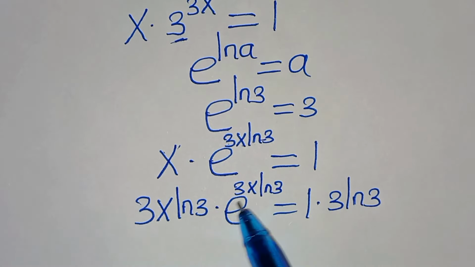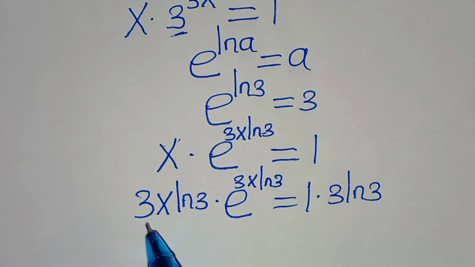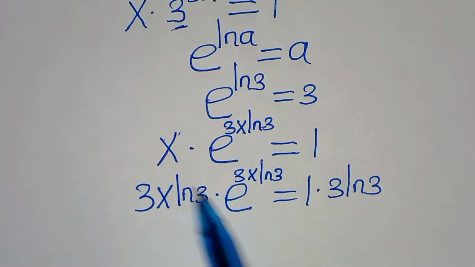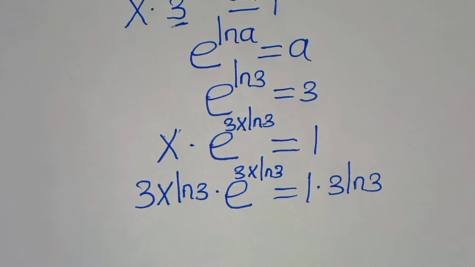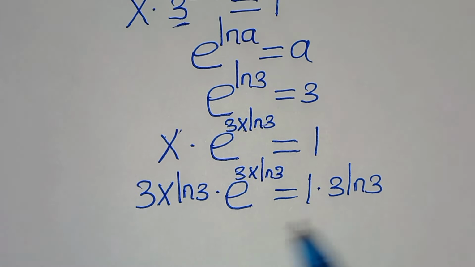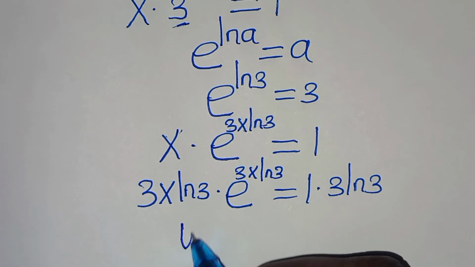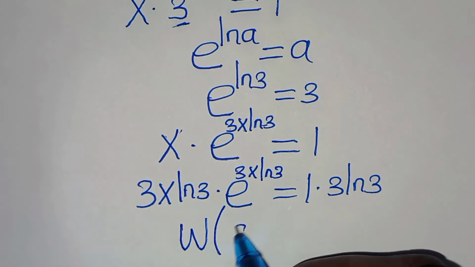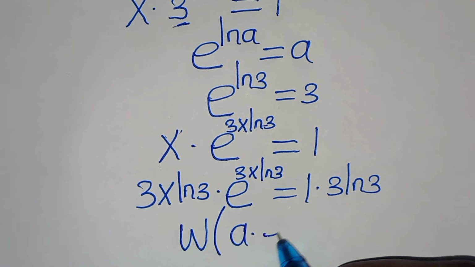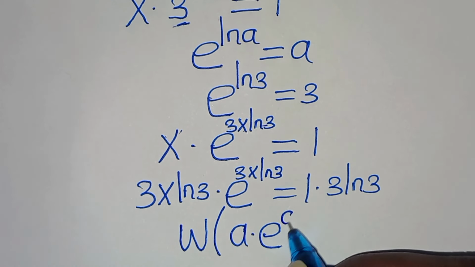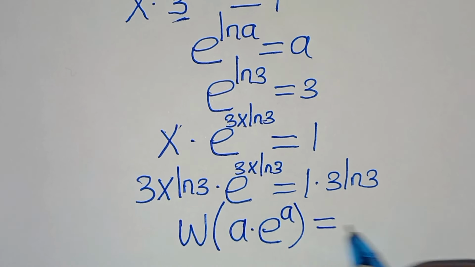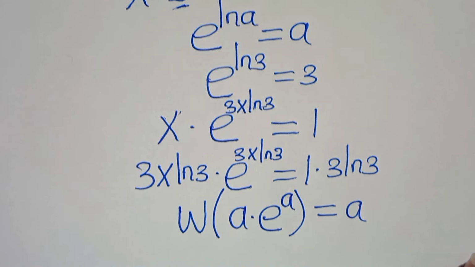So this implies that we can introduce the Lambert W function, which implies that W of a multiplied by e to the power of a is the same thing as a.